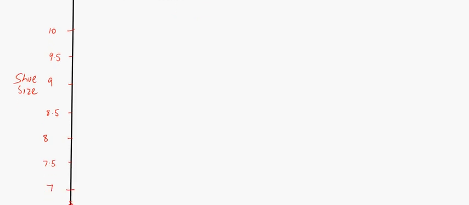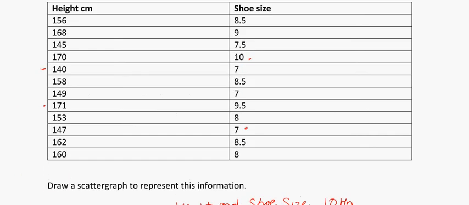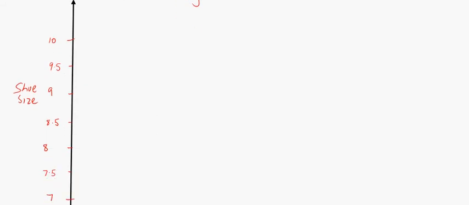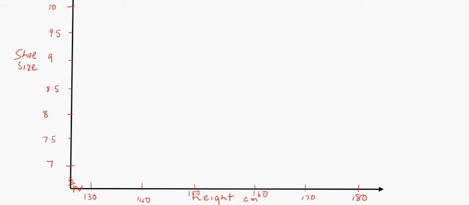So the first one is 156 and they have a shoe size of 8.5. So 155's there, we'll put our intermediate ones on. So just past that, and 8.5 to here, I put a dot.